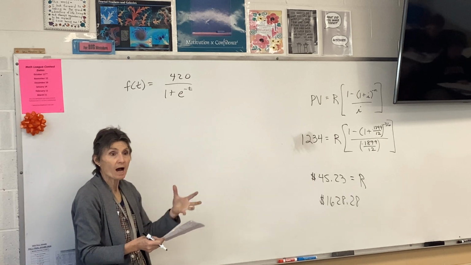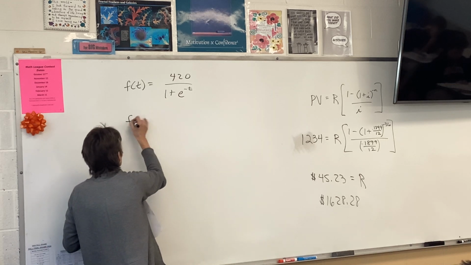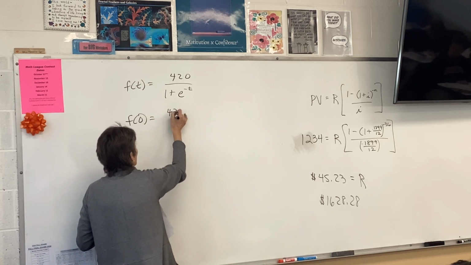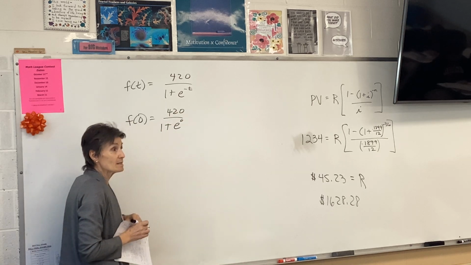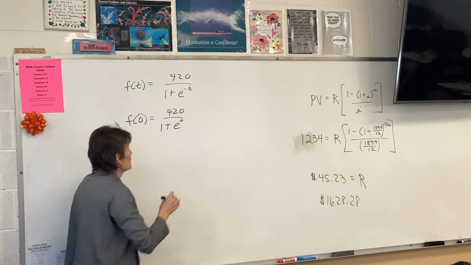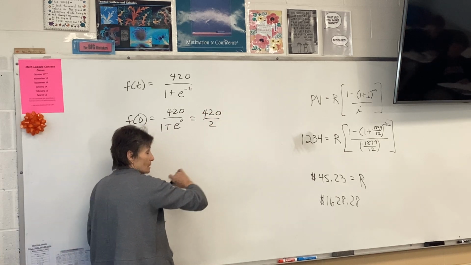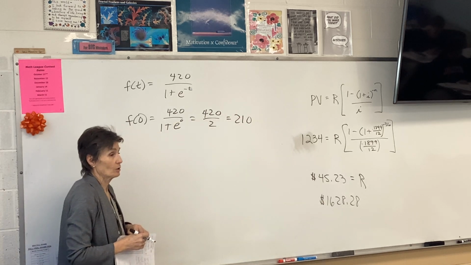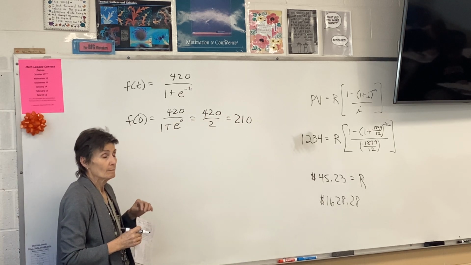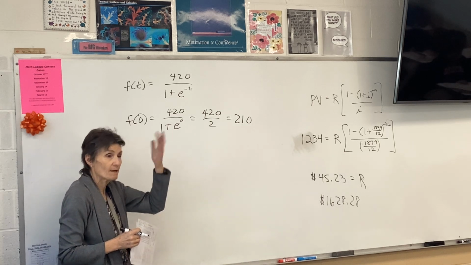Time 0 is the starting point. So, if we put in 0 for t, we get 420 over 2. Yep. So there were 210 bees initially, which means your y-intercept is (0, 210), if you were graphing it.